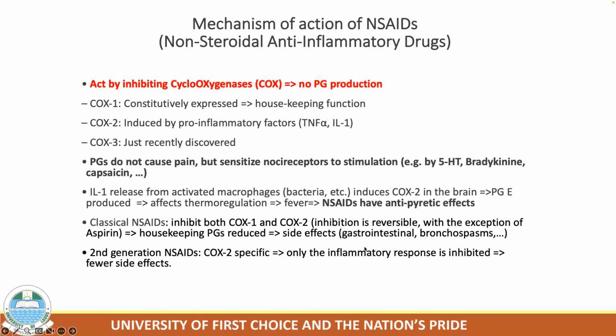So that leads to all the side effects that are seen: the GIT ulceration, the bronchospasm, right? All of that is due to inhibiting the constitutive effect of COX-1. Don't worry, we're almost at the end for this particular lecture, but I need to conclude so that you have something to go home with, okay?